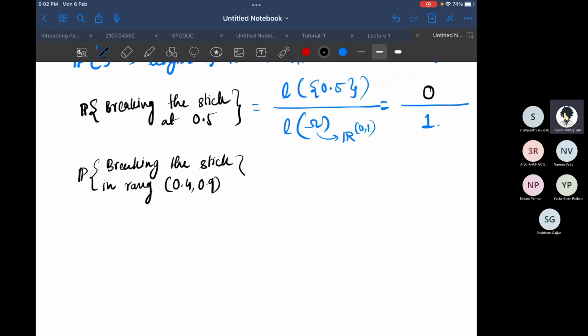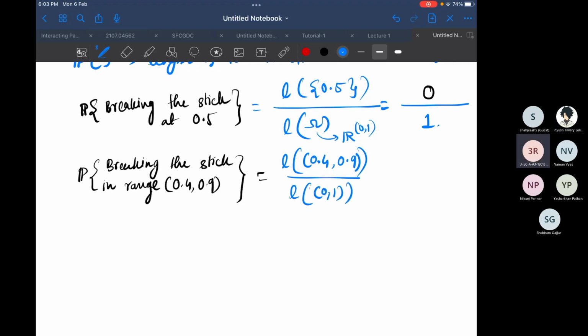Since I'm breaking a stick at random, someone asks me, what is the probability that I will break it in the range 0.4 to 0.9? In that case, this will be the length of the set 0.4 to 0.9, upon the length of 0 to 1.